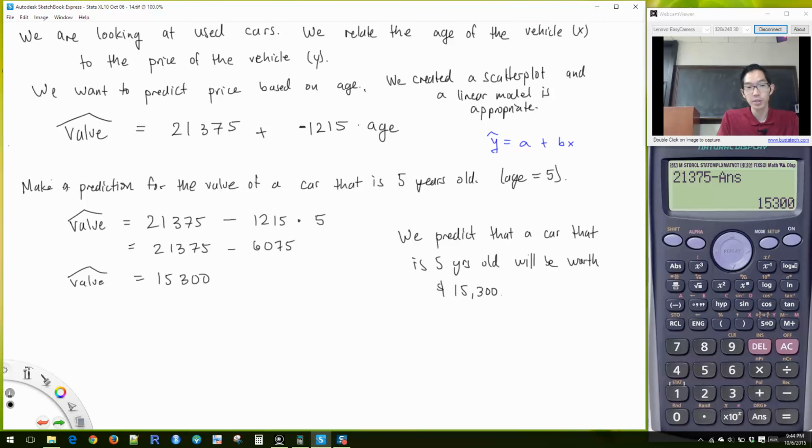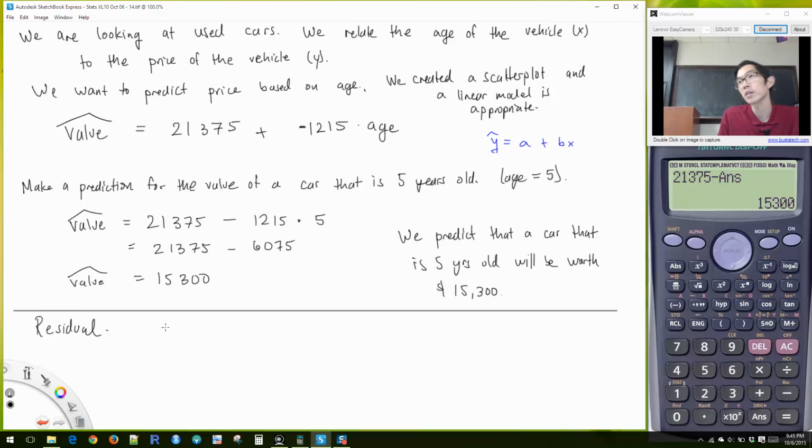Okay. So anyway, let's say we make a prediction. It says make a prediction for the value of a car that is 5 years old, and we predicted the value to be 15,300. So there's another concept called a residual. Whatever model you have, because it's a model, it doesn't account for everything, right?